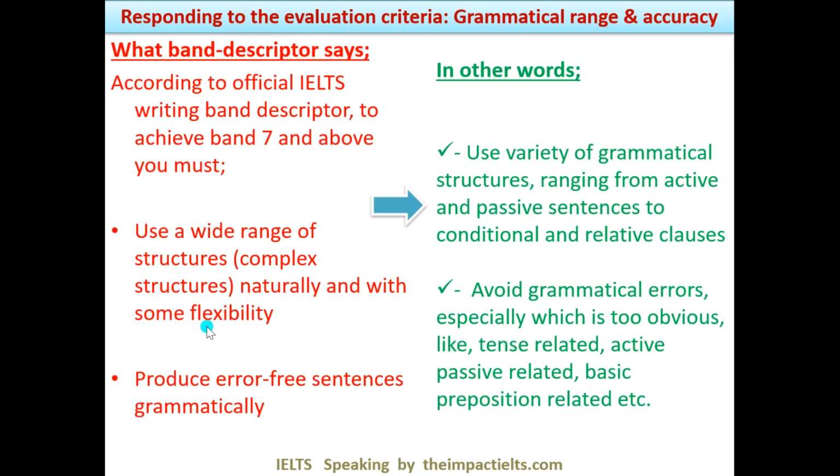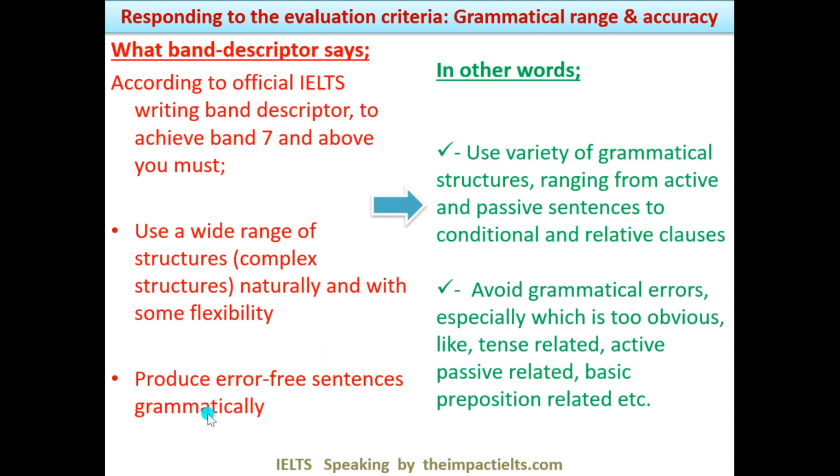And there should be some flexibility, meaning different grammatical devices. So if I explain it a bit, this simply means use a variety of grammatical structures, ranging from active and passive sentences to conditionals to relatives, and using different types of tenses in the same answer. So a variety of grammatical devices, right?